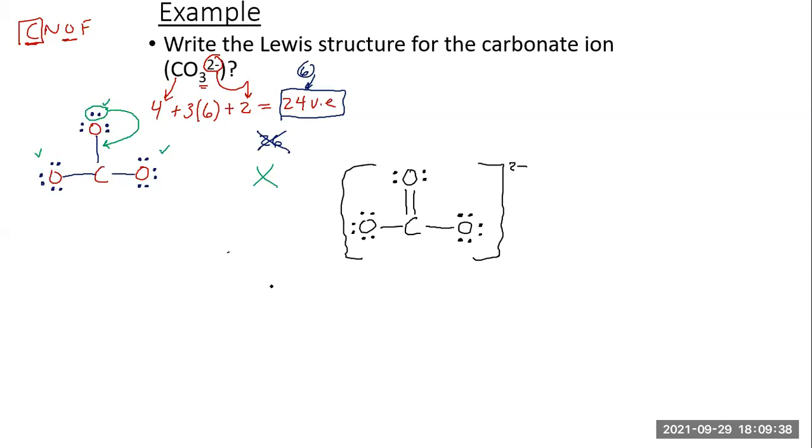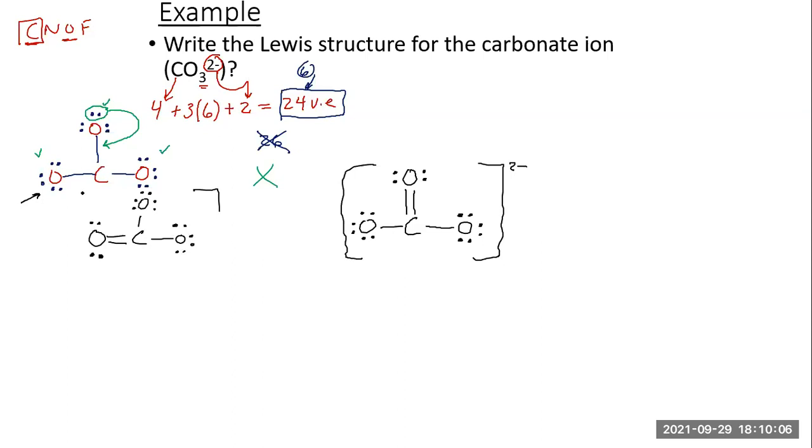Now, again, as I mentioned, you absolutely, if you wanted to, could have put the double bond there. And if you did that, you would get another structure that looks like this. The only real difference is double bond to the left. That would then leave this guy as a single bond. And our guy to the right, obviously, as a single bond as well.